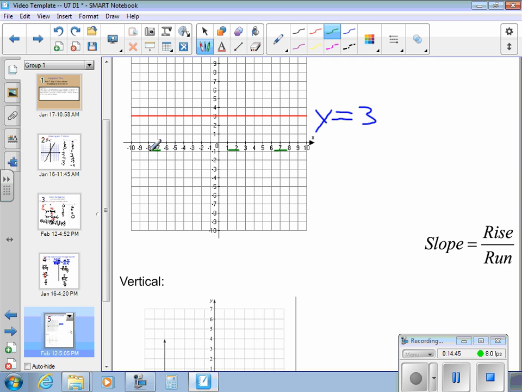Okay, so now, that being the case, they want to know what the slope of this is. So let's see here. My rise is 0.